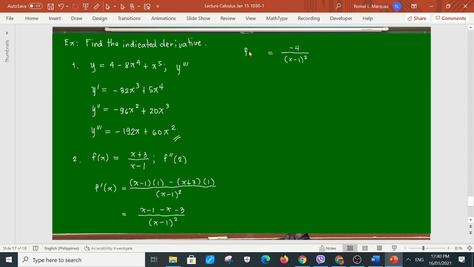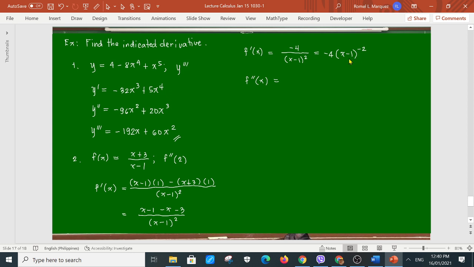So that is the first derivative. We're not yet done. Let us express this in product form because this is in quotient form. It's easier to differentiate product form rather than quotient form. Let's now get the second derivative.